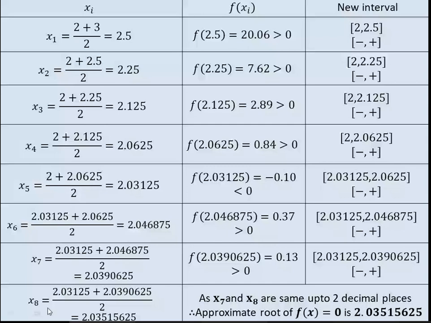Okay, so you can see here we are not using any other formula. We are just taking the mean of the interval, half of the interval. Otherwise, we are using the given function itself. Okay, so it is a very easy method, a bit lengthy because we have to do so many calculations to get the answer up to the corresponding steps.